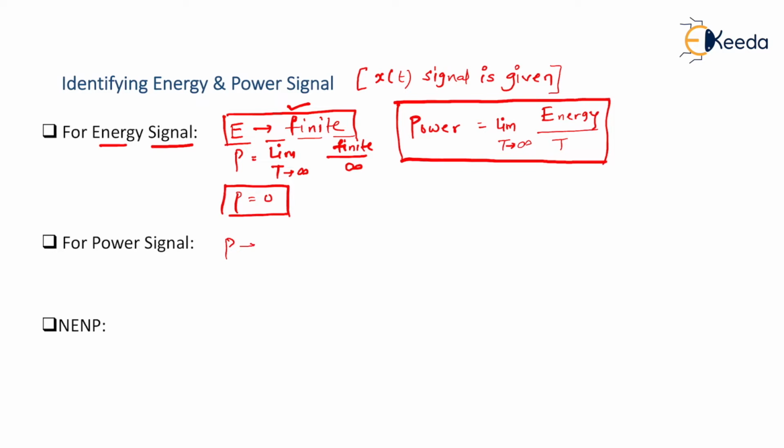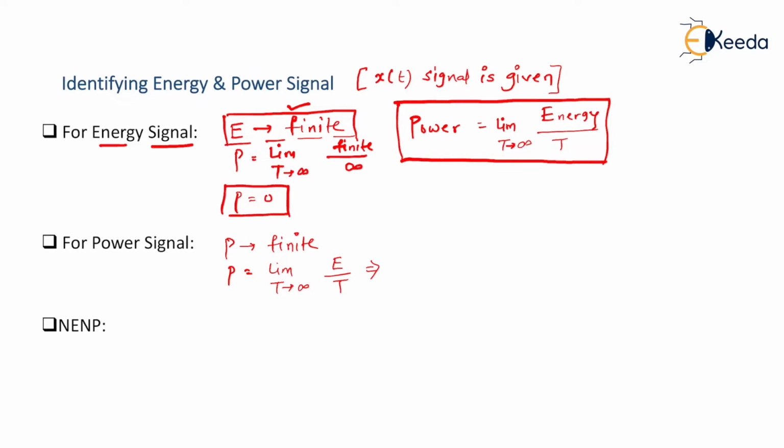Now, for let's say some other x(t), this time power has come out finite. In that case, it is called a power signal. Now, we know that power is equal to the limit T tends to infinity of energy by time. In this case, power is known to me and I want to know the value of energy.